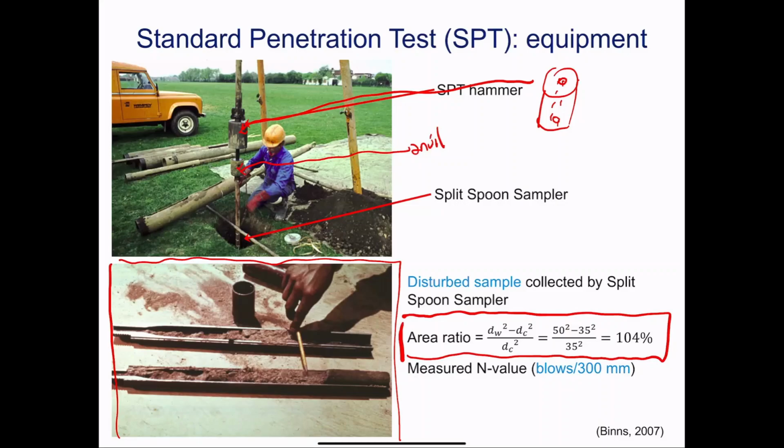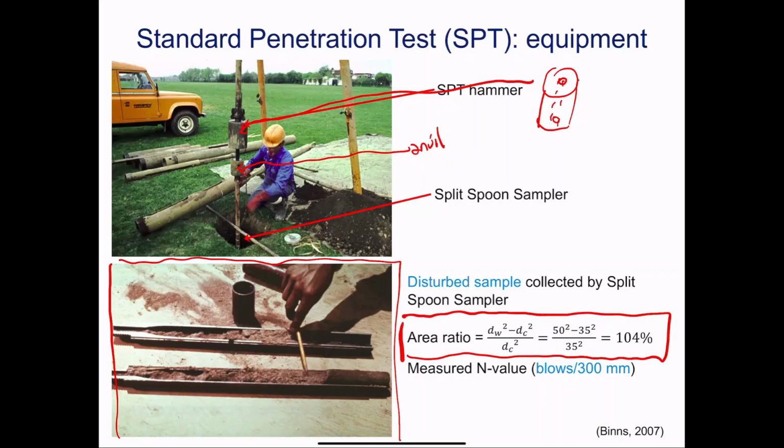We call this the area ratio. Anything less than 10%, we would consider an undisturbed sample. So it's actually very difficult to get an undisturbed sample. You can see here when you carry out SPT testing with a split spoon sampler, you have almost 100, in excess of 100% area ratio.